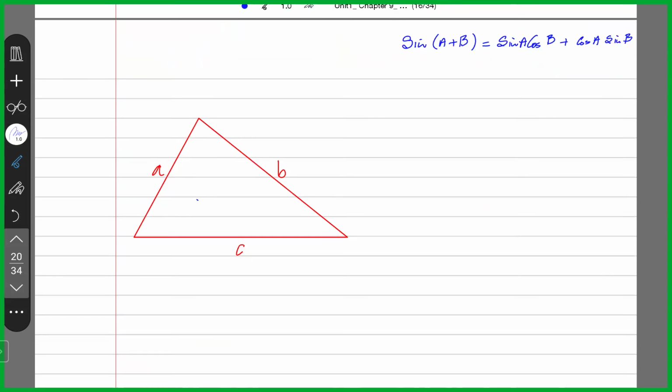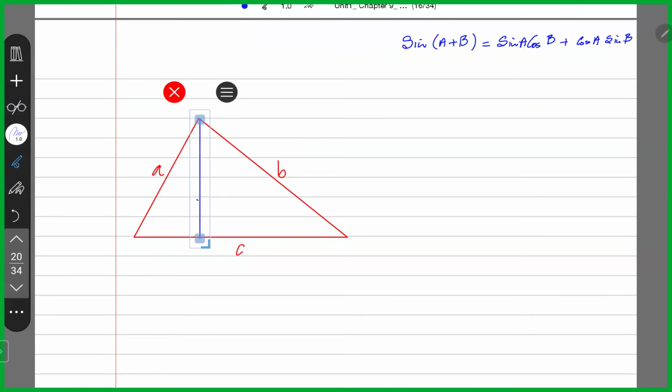So we start off with an acute angle triangle. All the angles measure less than 90 degrees. Starting from this vertex here, I drop a vertical line.